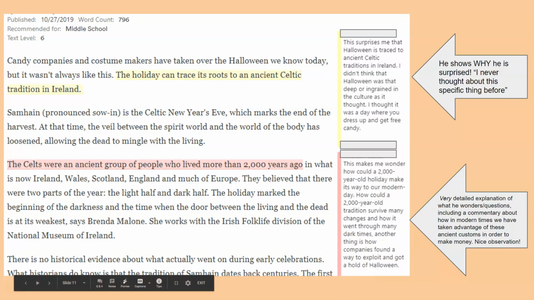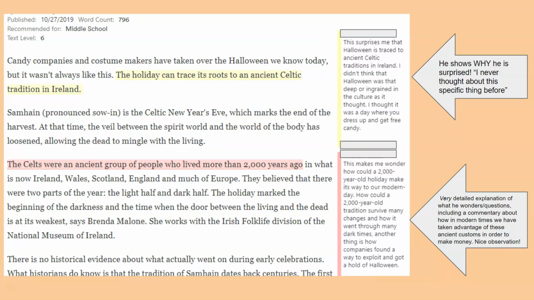This down here is why I chose this one. Not only do they give a really detailed explanation of what they are wondering here, but this student also implies that he sees somebody trying to make money off of this ancient ritual, because he uses the word exploit. Okay? Exploit is to take advantage of.